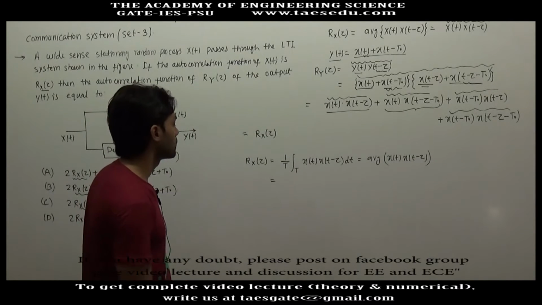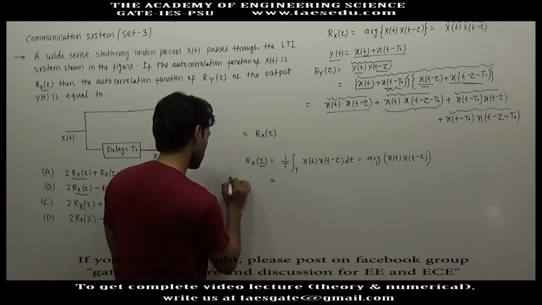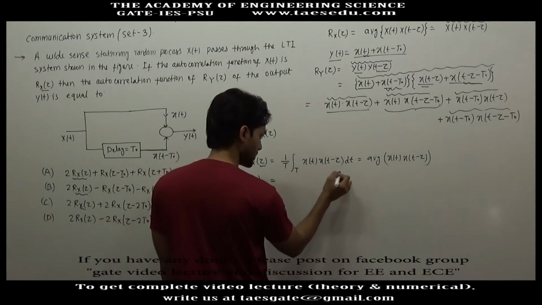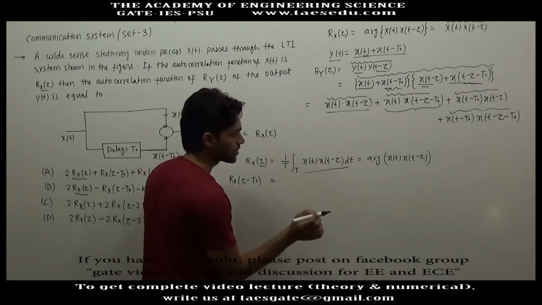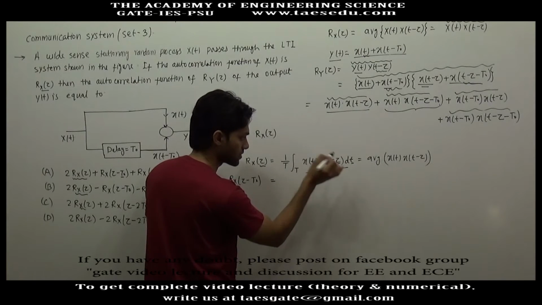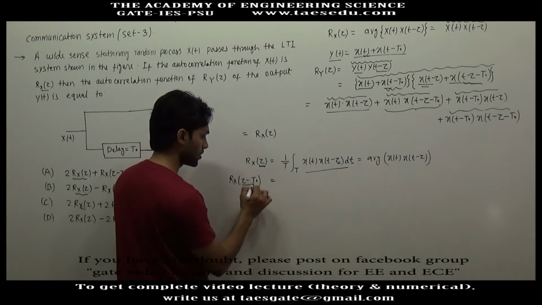Now at the place of tau, if we put tau minus t naught, we will have Rx(tau minus t naught). This integration is done in terms of t, so tau is a constant here, and at the place of tau we have put tau minus t naught.